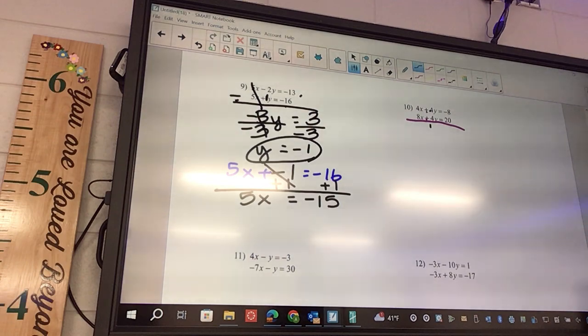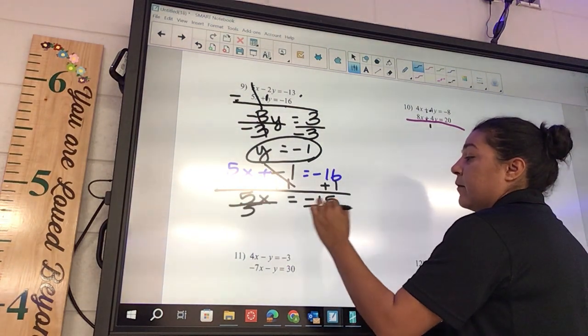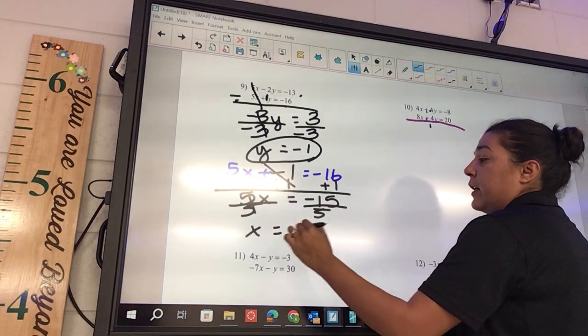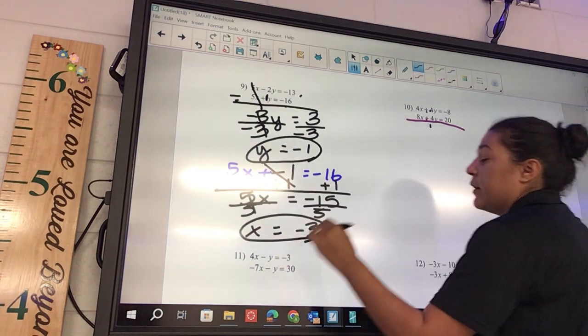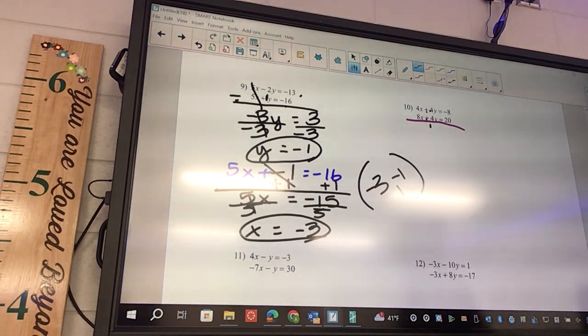And then our last step is always divide. So we're gonna get x equals negative 3. So it's gonna look like negative 3, negative 1. We got one more.